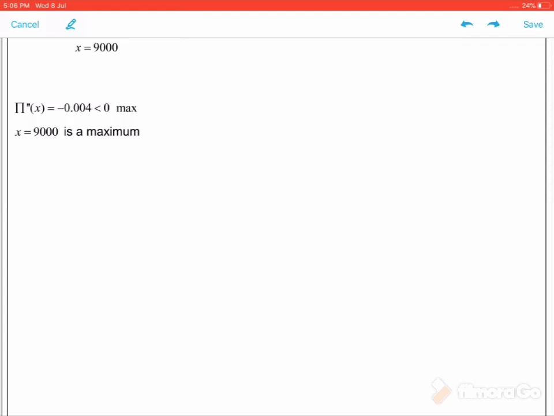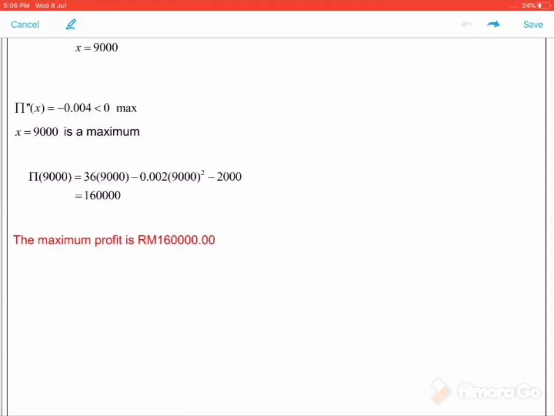After we reconfirm it is a maximum, we substitute the 9,000 into our profit function. You will get 36 times 9,000 minus 0.002 times 9,000 squared minus 2,000. After we simplify, we will get 160,000. So we can draw a conclusion that the maximum profit is RM 160,000.